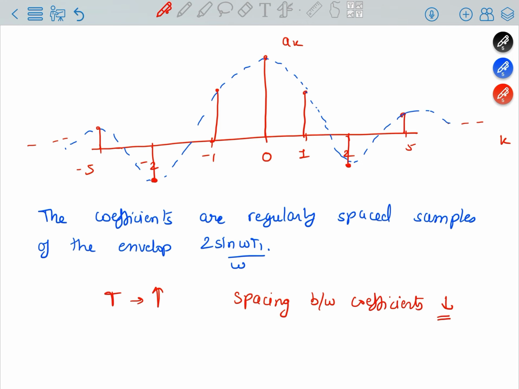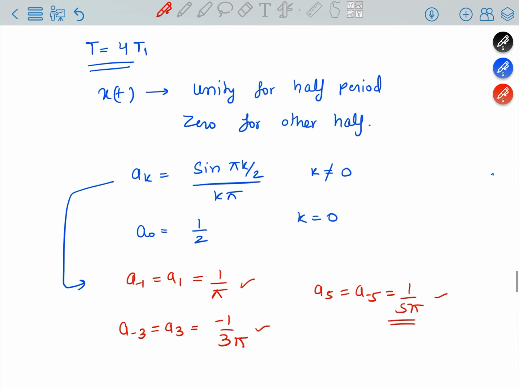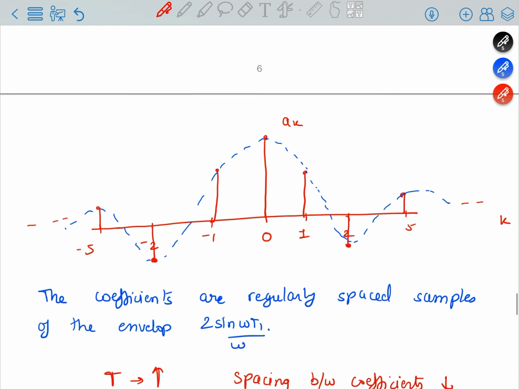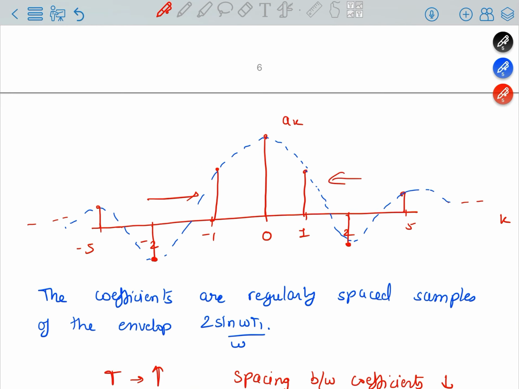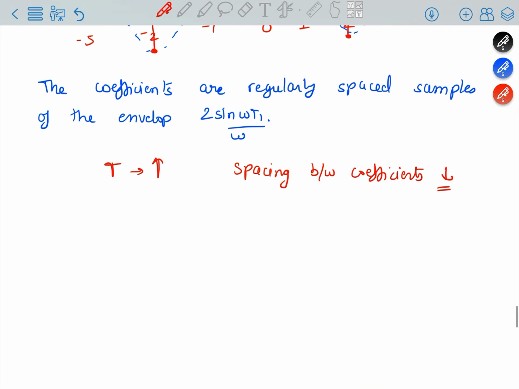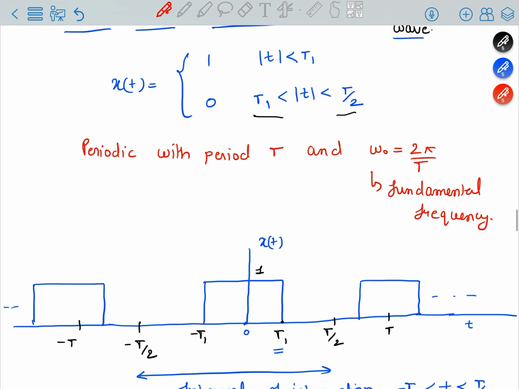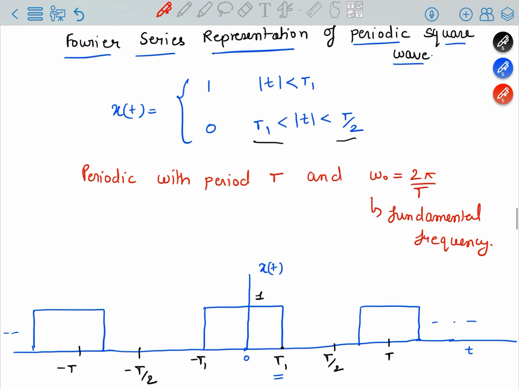This can be verified by taking different values of T. Here we take 4 t1, you can take 8 t1, 16 t1, and see that the spacing between the samples will reduce further. So this is a very basic derivation for the Fourier series coefficients of a very common signal, the periodic square wave, and this will come up very frequently as we move further in this topic. So, thank you.